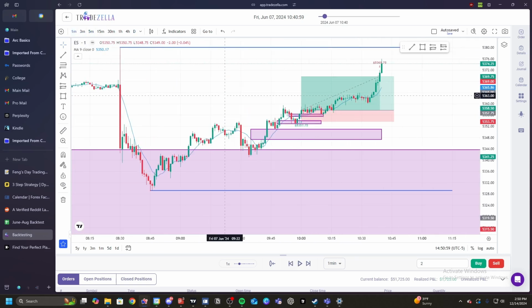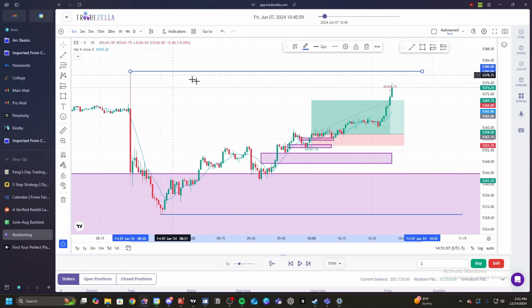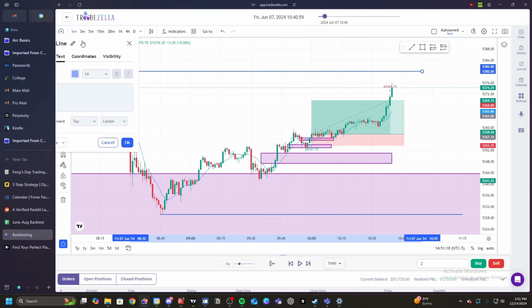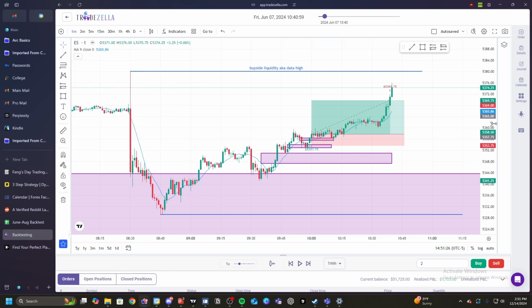So look, remember, like I said on Reddit, 3-step strat. First, you determine a draw. For the draw, we need buy side. We have major liquidity on the buy side area, which is data high. Boom. That's step one. We have data high as our target. Step two, determine the trend. You have a huge daily bullish fair value gap that we just tapped into, and we had reactions long, and we're trending upwards.